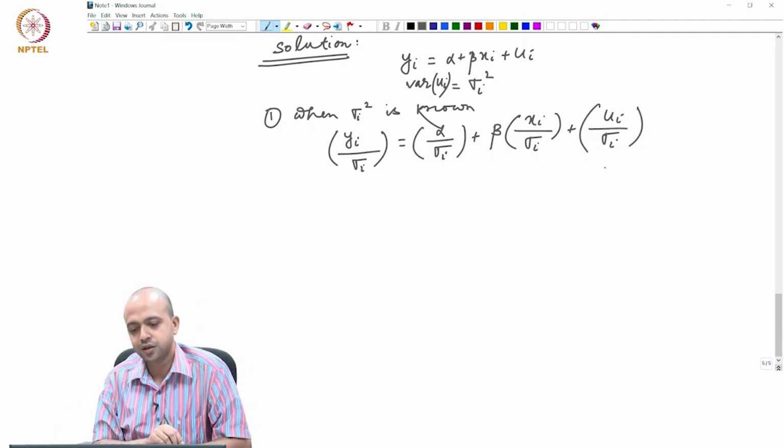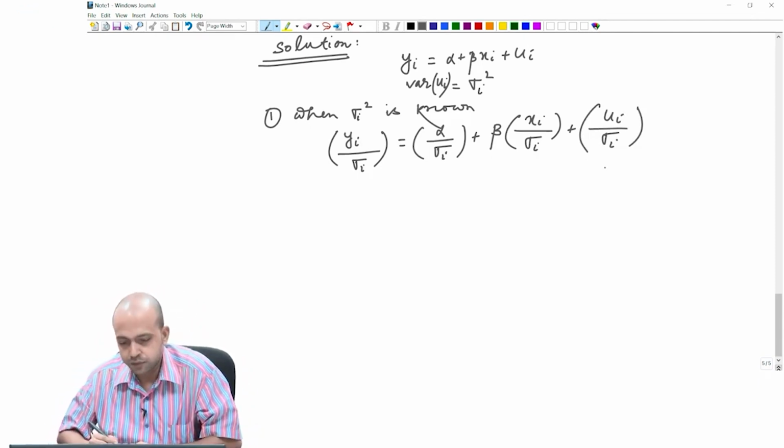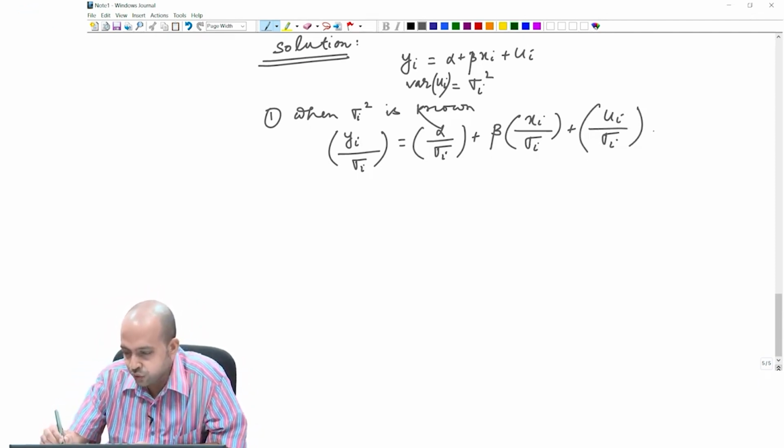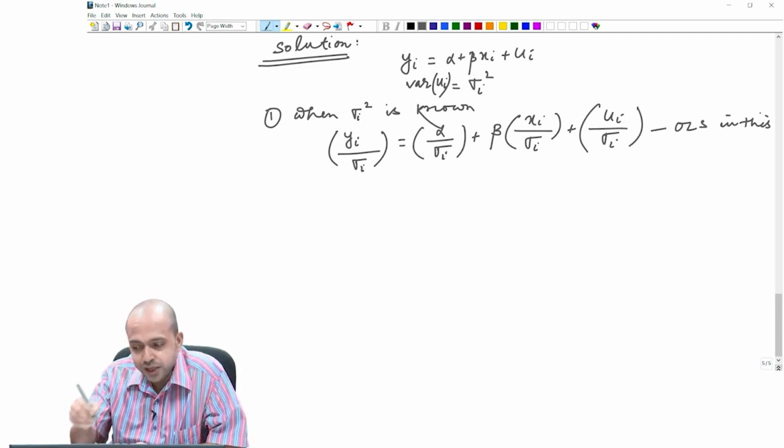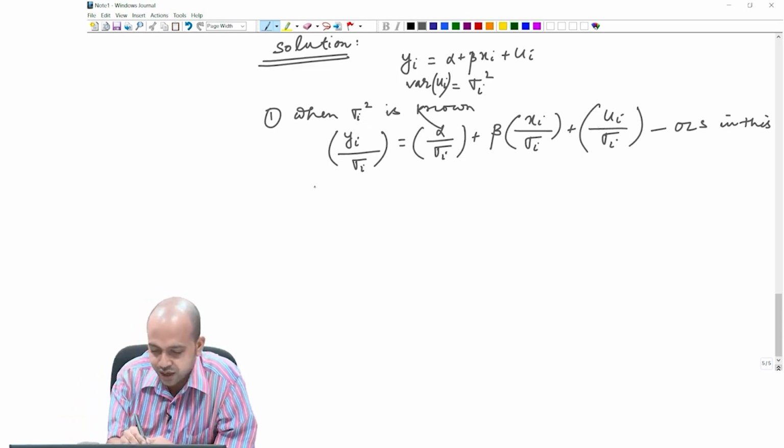You divide the equation and then run OLS in the modified regression. If you run OLS in this modified regression, that is called the generalized least square method.